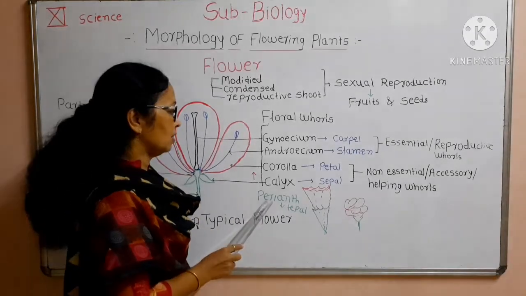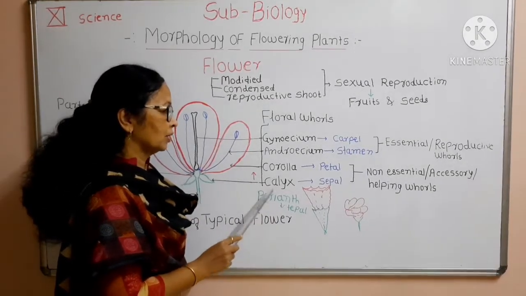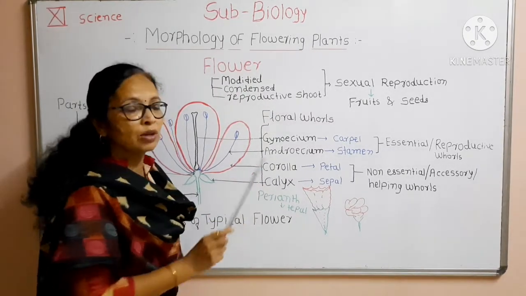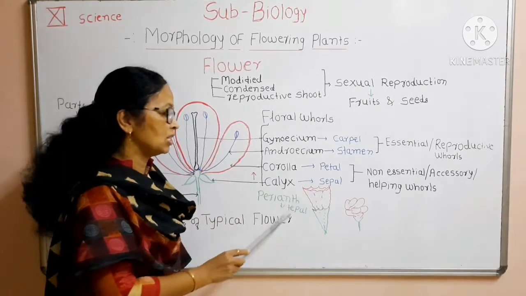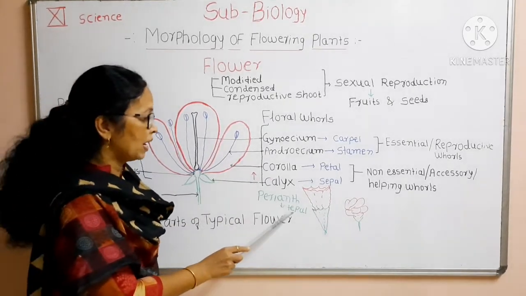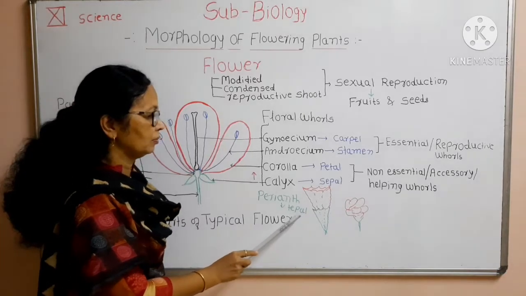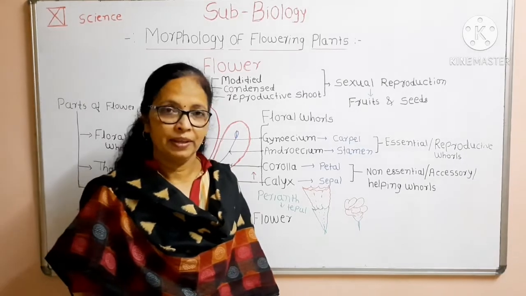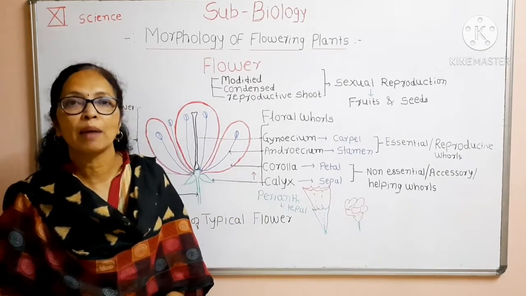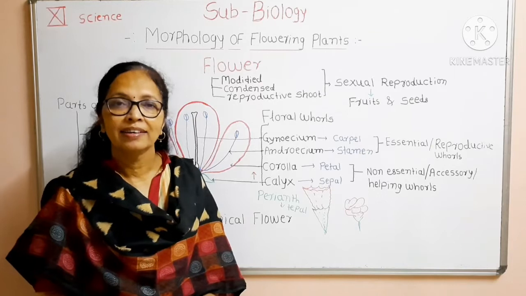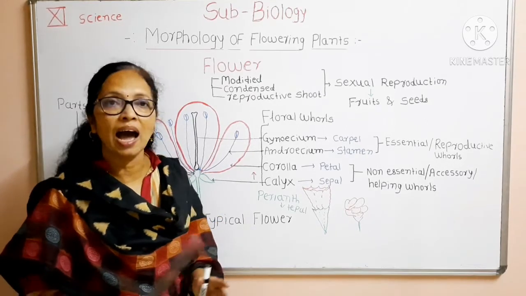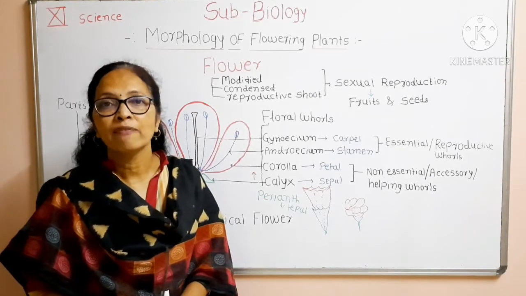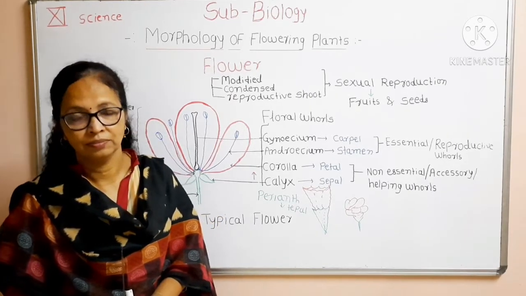So here, in perianth, the calyx and corolla in the flower are not separated and form a single structure, called the perianth. An individual member of the perianth is called a tepal. When the tepals are united, the perianth is called gamophyllous. And when the tepals are free from each other, it is called a polyphyllous perianth.